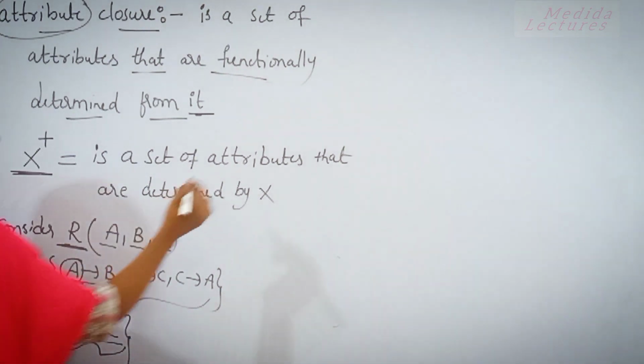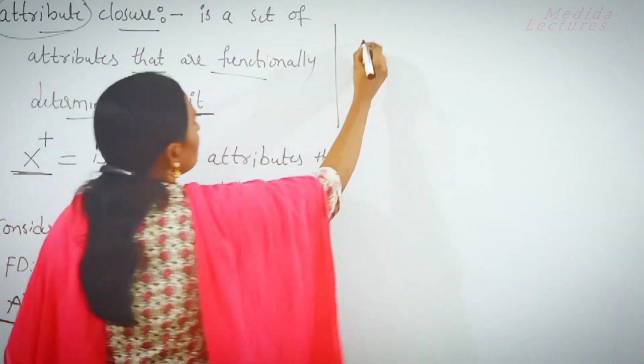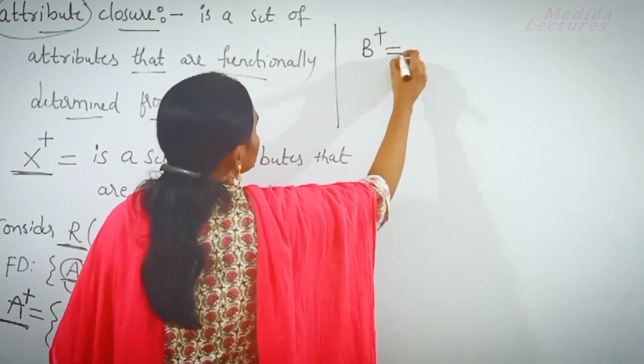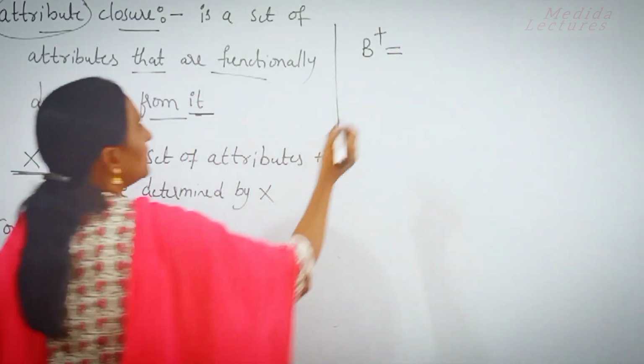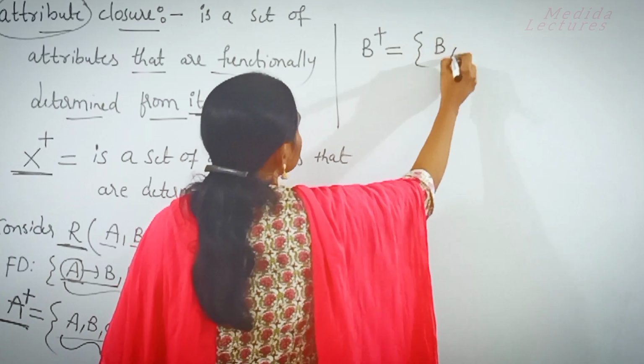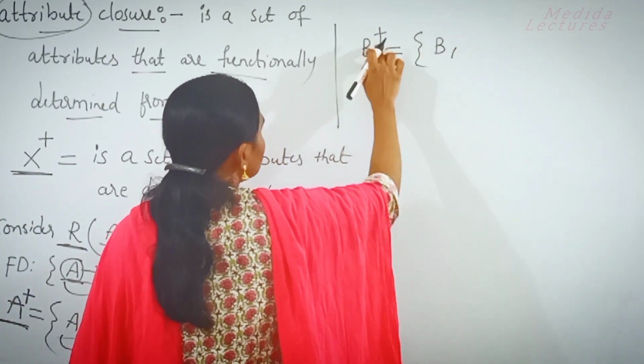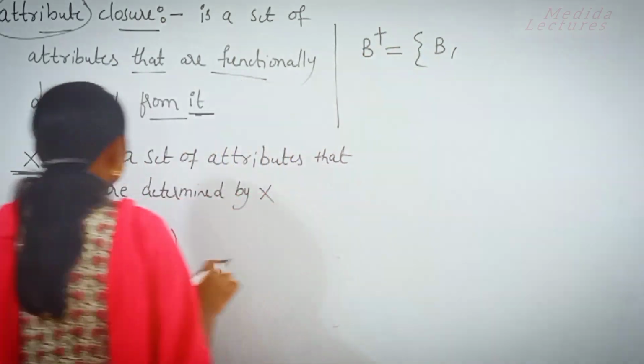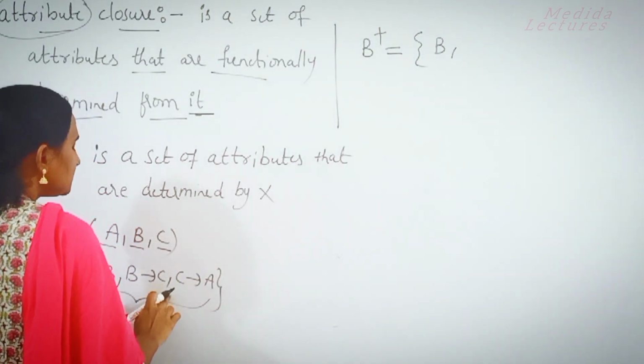Next I want to find out B closure. B closure itself determines B first, because of the reflexive rule. Next, B determines C, the functional dependency is there.